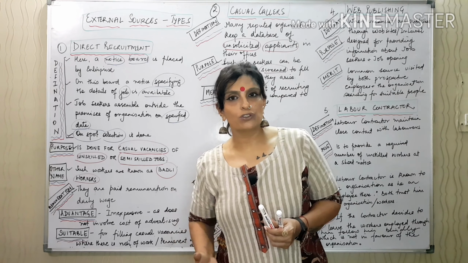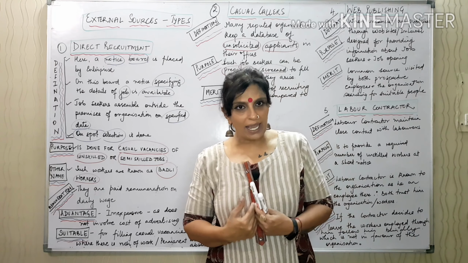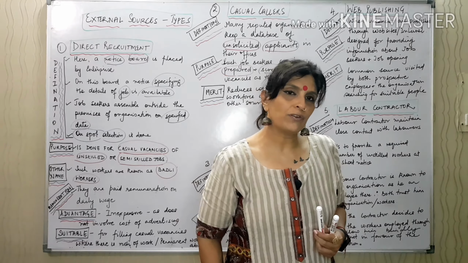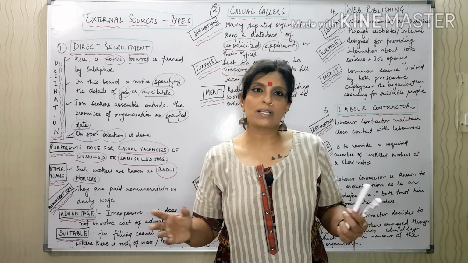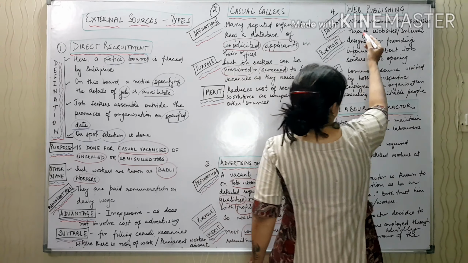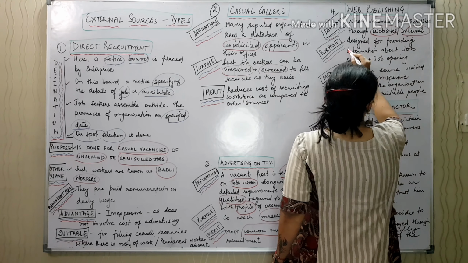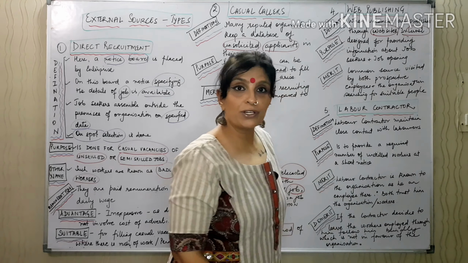People who are searching for jobs look into that website. If the details are exactly what they have as qualification, they apply for the job, and the problem gets solved for both of them. So when vacancies are published through websites or the internet, it is known as web publishing, right?